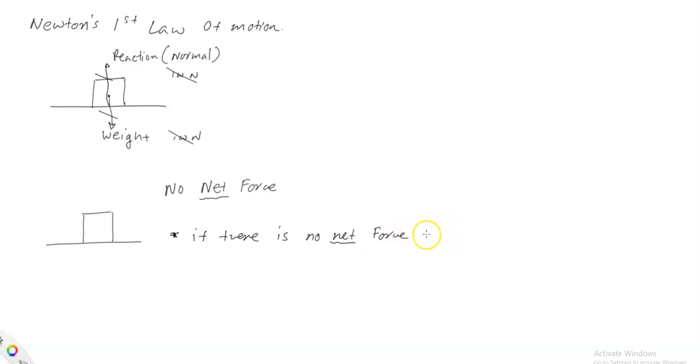If there is no net force acting on an object, right, object, it will remain, there's no space for me to write that, remain at rest.